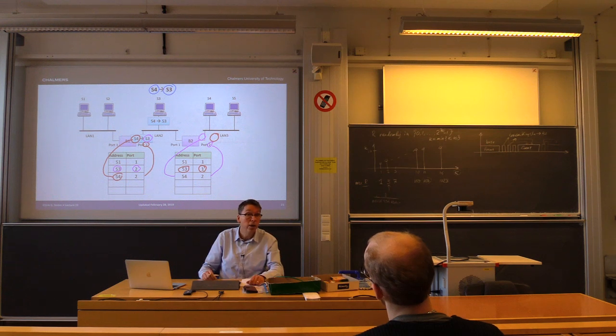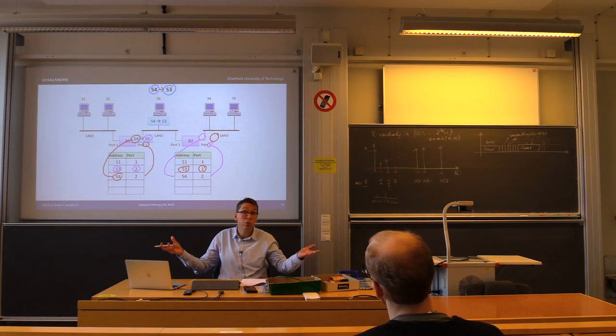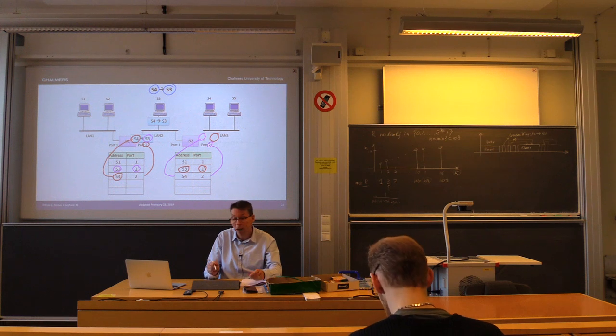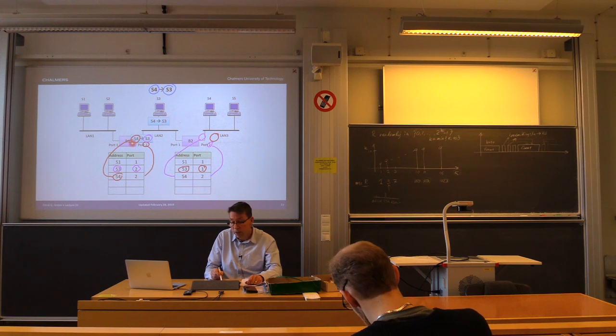Yeah, nothing, essentially, right? Because the bridge knows, okay, here was a packet that came in, it's headed to S3, but I know that S3 is on my port here already. It's on the same port that I received it on. So I don't do anything. I just drop the packet, right? There is no need to forward that because that is useless. I know that S3 is to my right here.